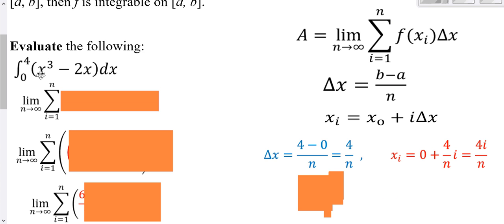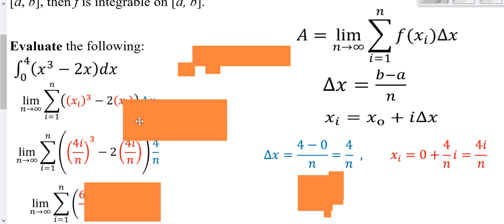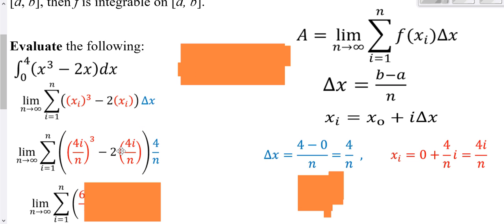Your function here is input cubed, which is x sub i, minus 2 times your input, which is also x sub i. So if we can take our x sub i right here and plug it in for each one of our x sub i's. And we could plug in our delta x, which is 4 over n.